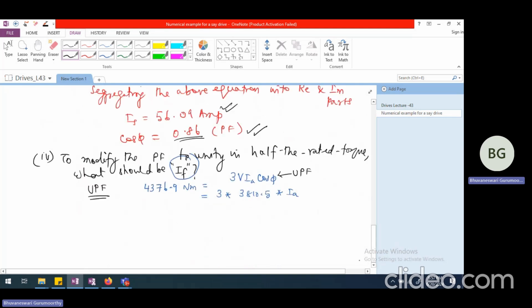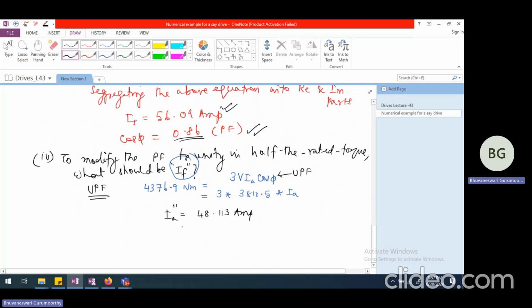So in which case IA can be recalculated, and IA comes out to be, in this particular case, 48.113 ampere. If I may call this as IA2 dash, corresponding to half the rated torque and unity power factor condition, this is what is the armature current.